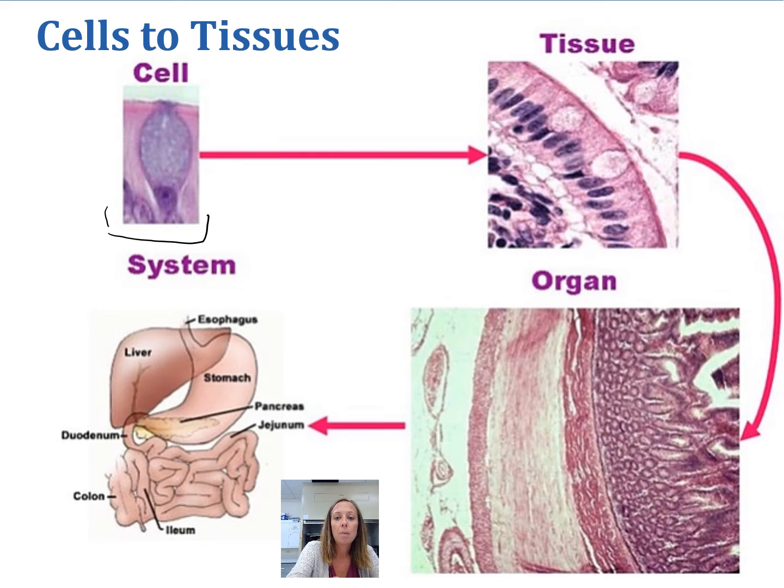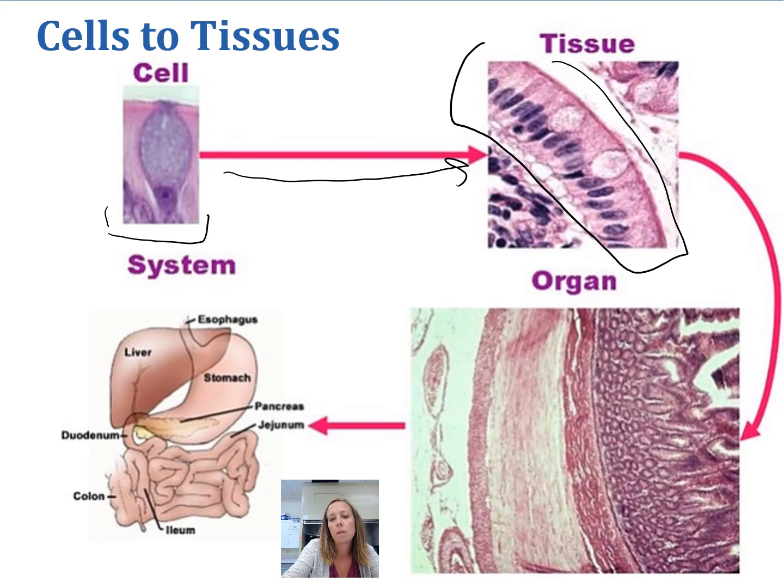A bunch of goblet cells all link together and form this tissue right here, and that's simple columnar. Simple columnar is found in this organ, on this free space, and that organ is part of the digestive system. We're going to talk about that in more detail.